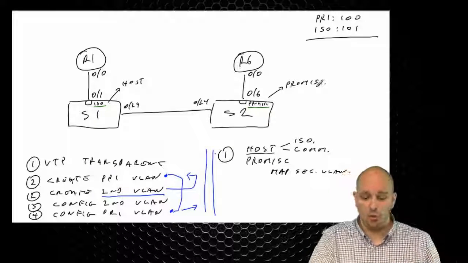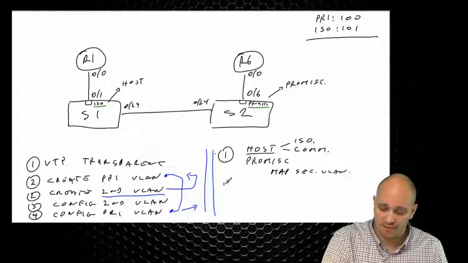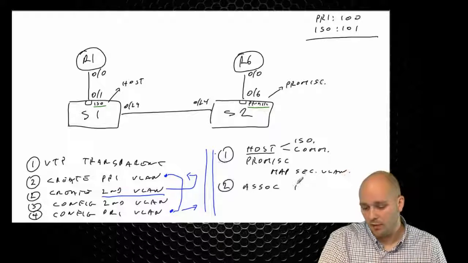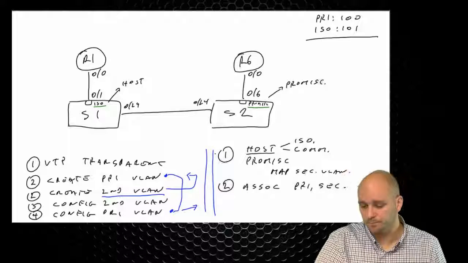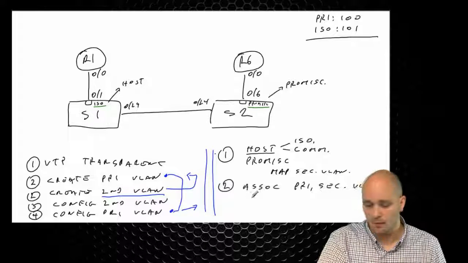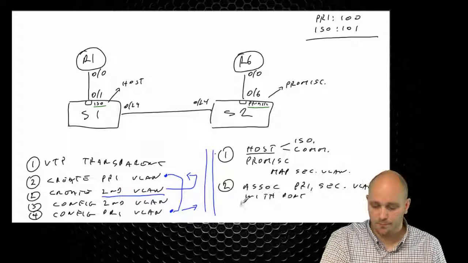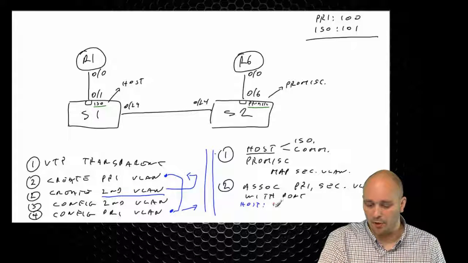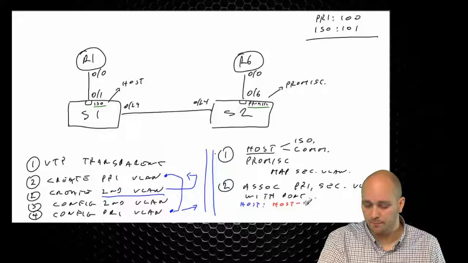Now, this just tells me what type of the port this is going to be. What I still need to do is associate primary and secondary VLANs with the port. For host ports, the keyword to remember is host association.